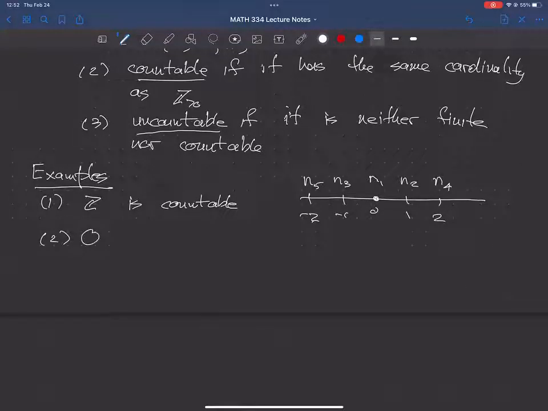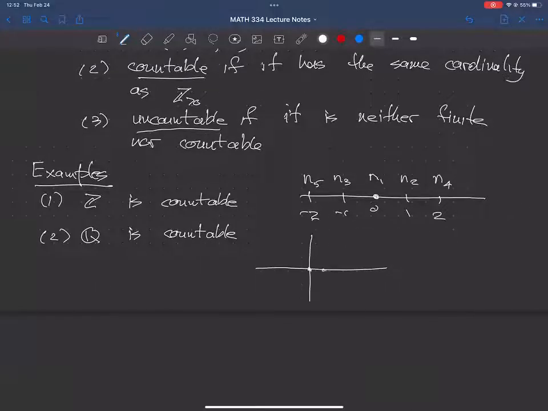You can show that the set of rational numbers is countable. Okay, and there's a variety of ways of doing this. Sort of one of the standard techniques for doing this is that you make a square with an integer grid.